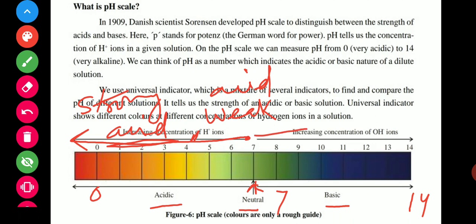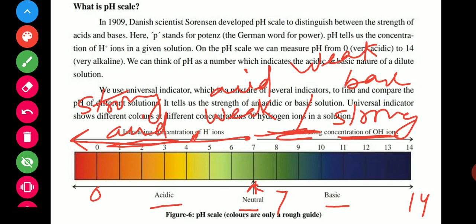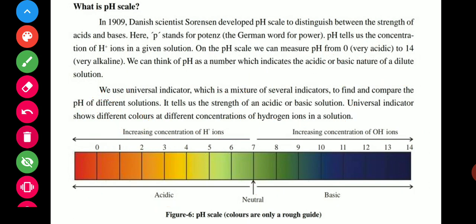Up to 10 it is a weak base, and after this a strong base. It is a scale which measures the acidity or basicity of the solution. With the help of this scale, we can find whether it is a base or acid.